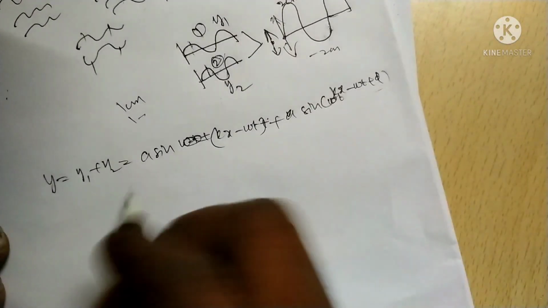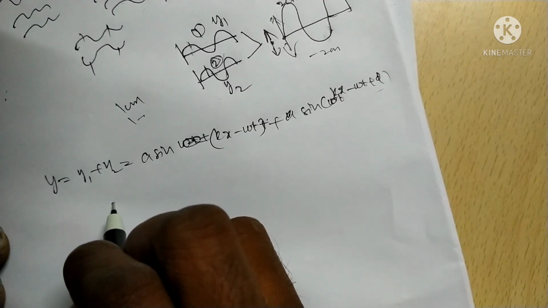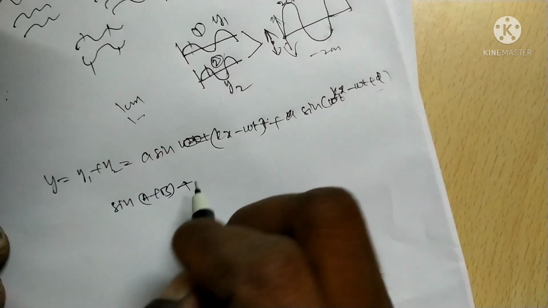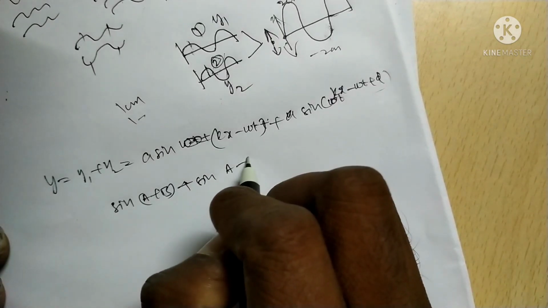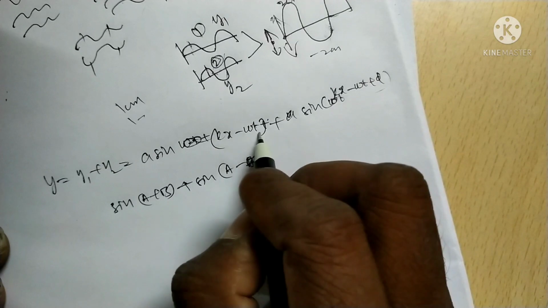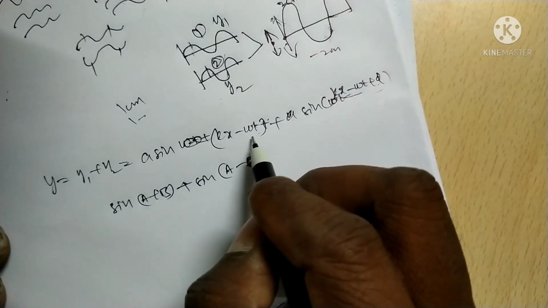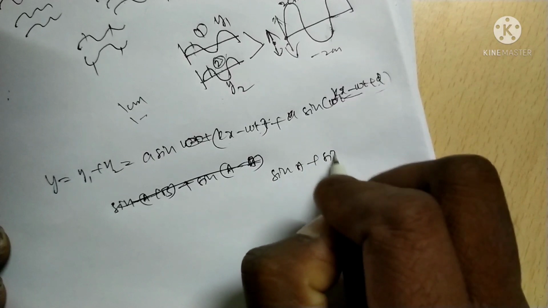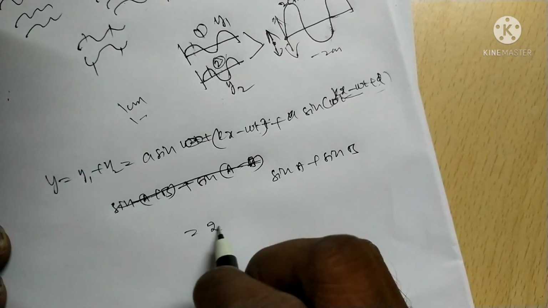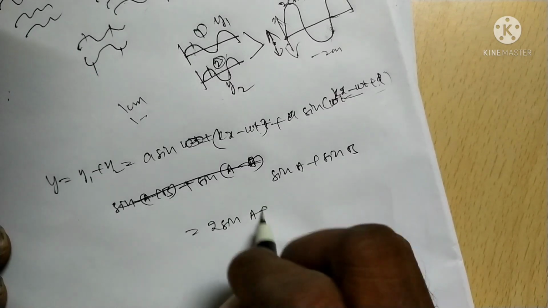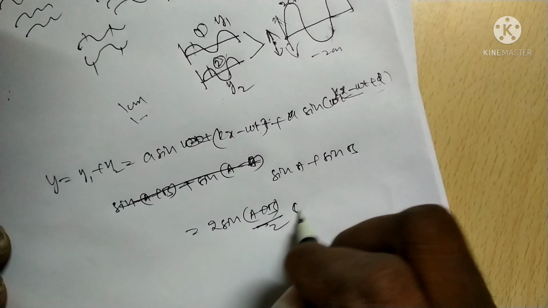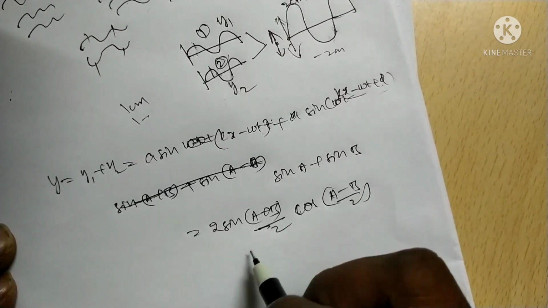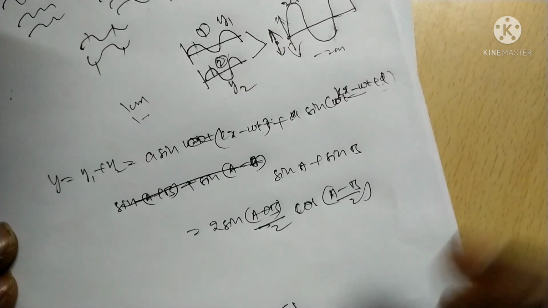This is in the form of sin A plus sin B. The formula is sin A plus sin B equals 2 sin((A plus B)/2) cos((A minus B)/2).